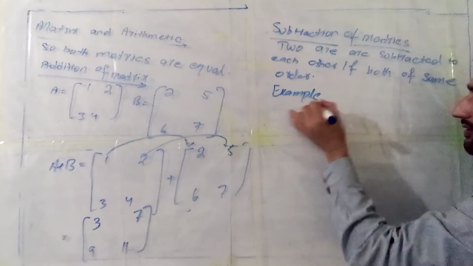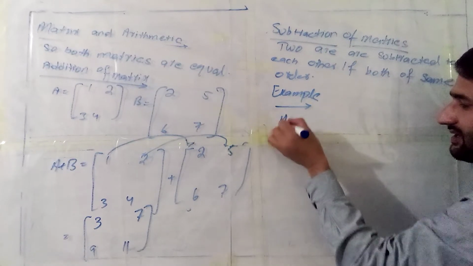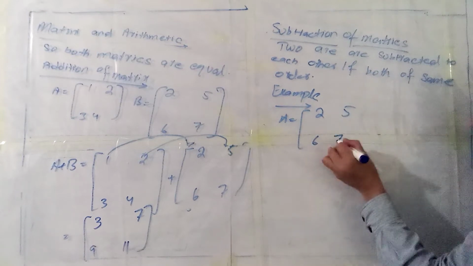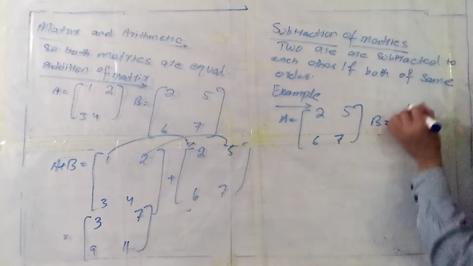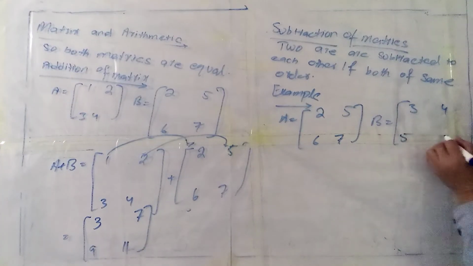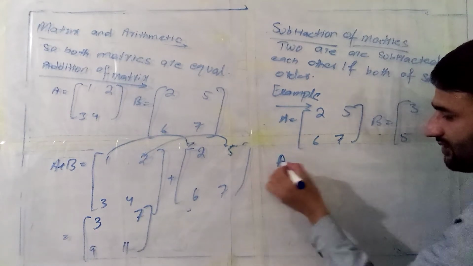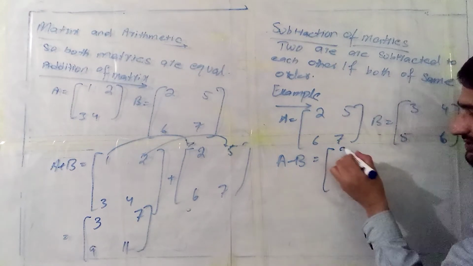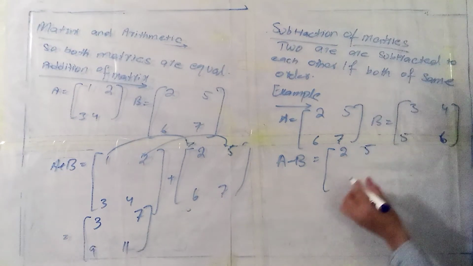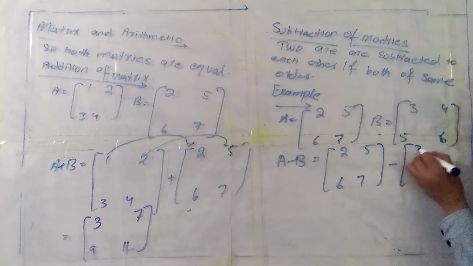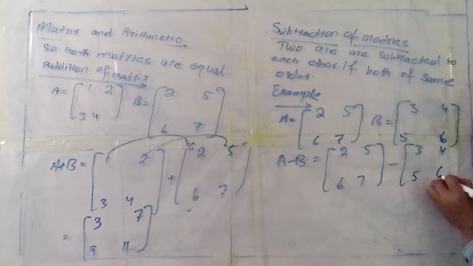For example, you can choose any arbitrary example. Here I have a matrix A equal to 2, 5, 6, 7. Here I have matrix B, that is 3, 4, 5, 6. Try to subtract matrix A minus B. Minus is basically the subtraction sign. Here is 2, here is 5, here is 6, here is 7, with the minus sign, 3, 4, 5, 6.